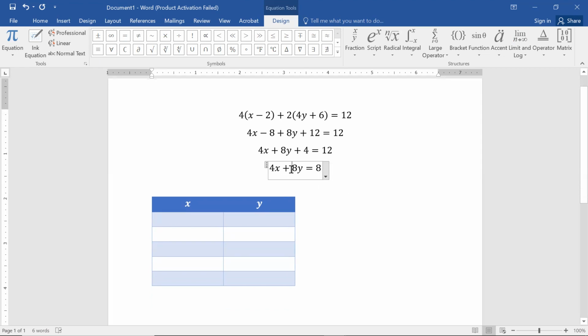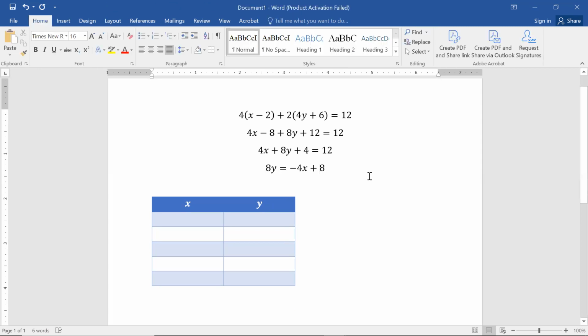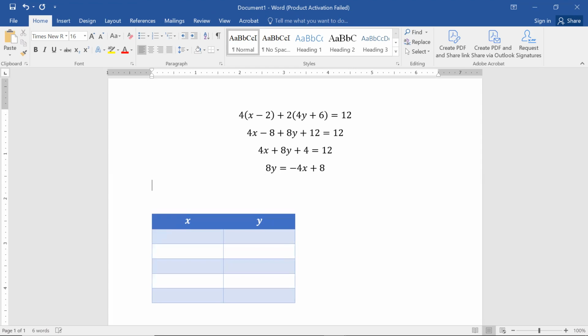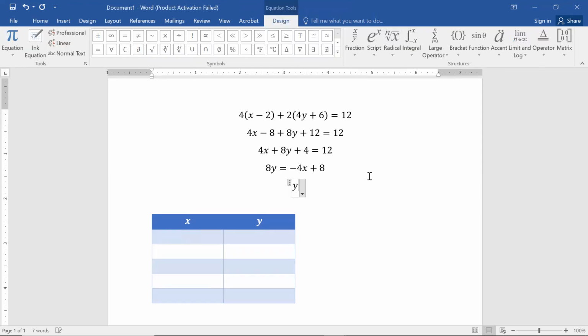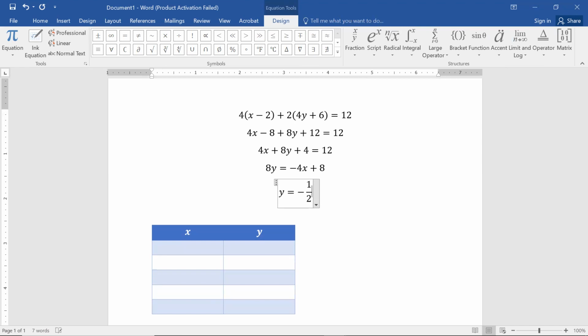So I will also subtract 4x from the left-hand side and also subtract 4x from the right-hand side. Dividing both sides by 8 yields y is equal to negative 1/2 times x plus 1.